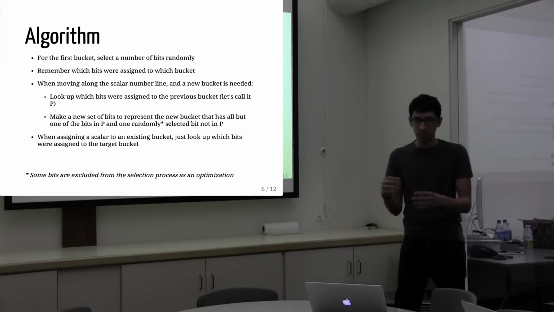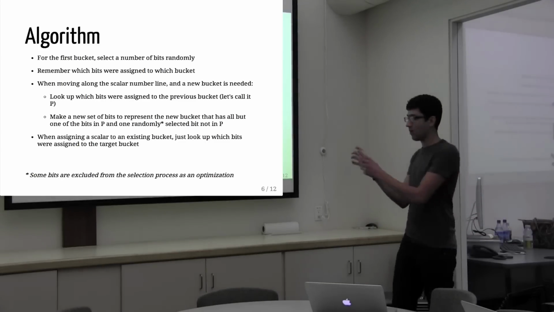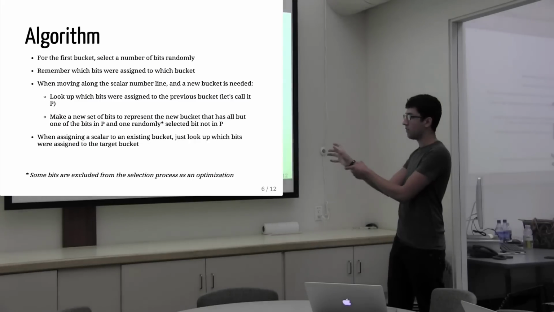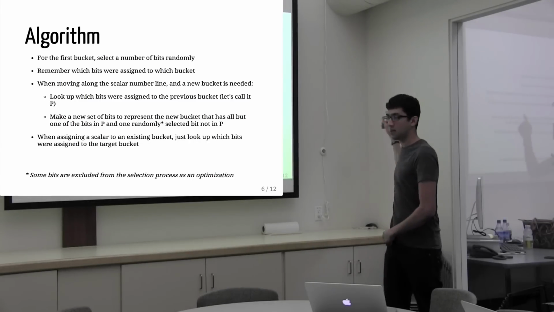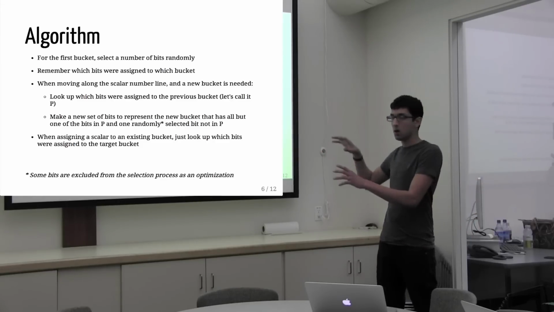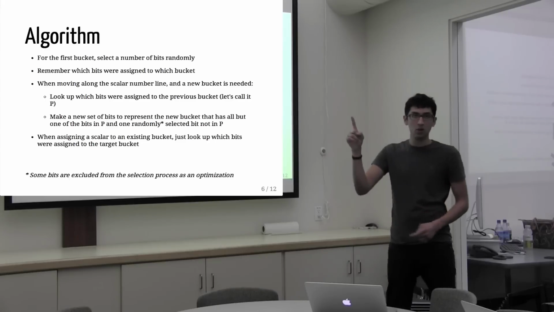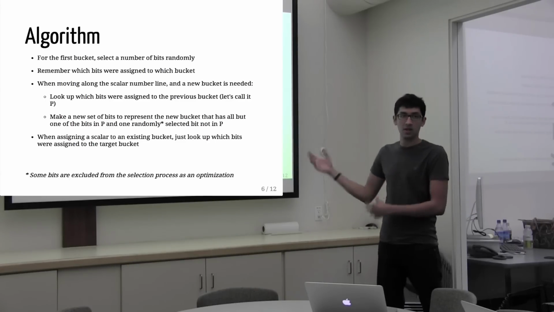And we do that with the following bits. We take all but one of the previous bucket's bits. We take the previous bucket and all the bits that represent it, all of them except one bit. Then we randomly select a bit from the pool of the remaining bits, the bits not used to represent the previous bucket, and we combine those bits to represent the new bucket.